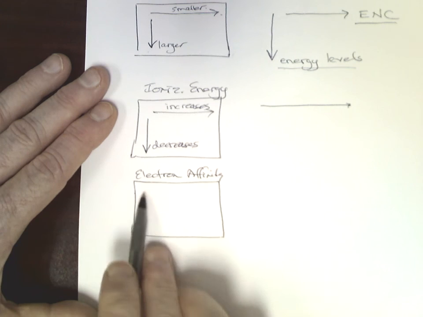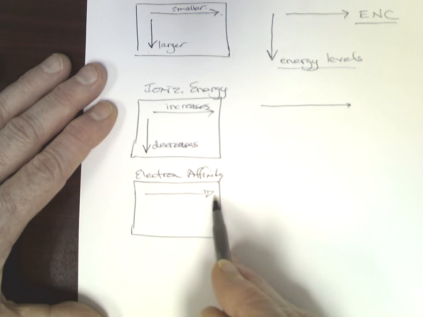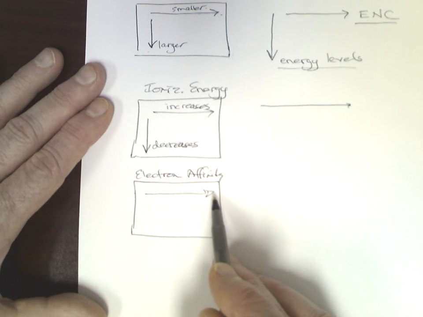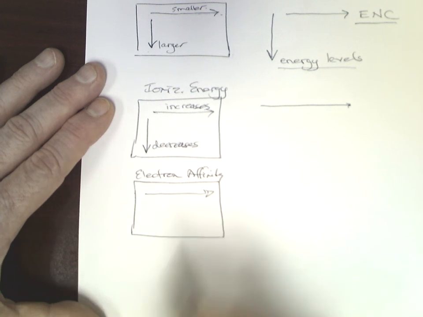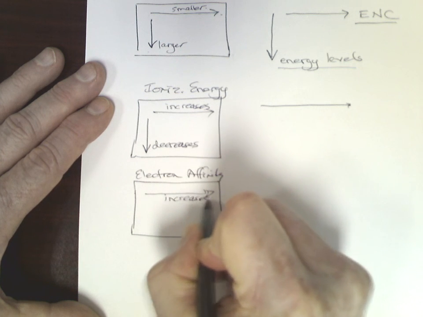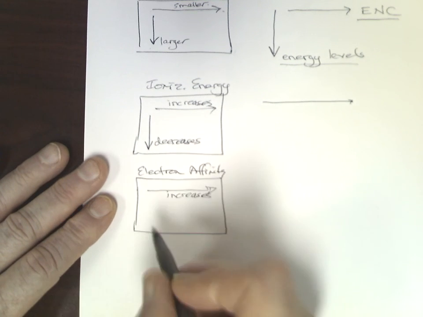Okay, as you're going across, you remember you're going from metals to nonmetals. Nonmetals really want to gain an electron more and more, so they'll give more and more energy to take them. That's because there are more protons with the same shielding, so electron affinity increases.